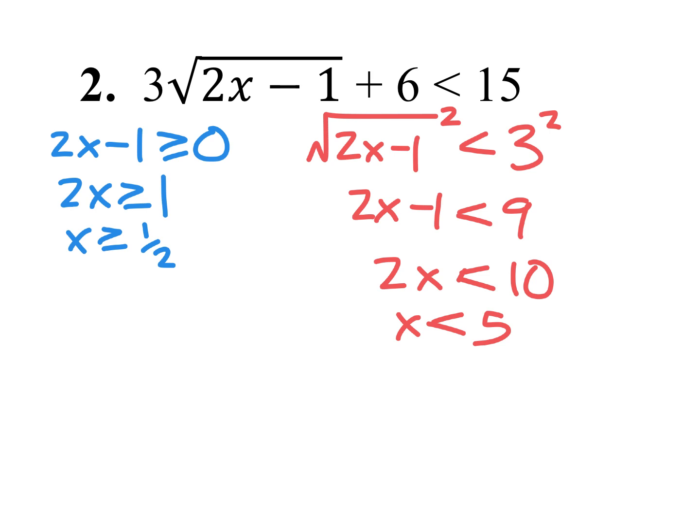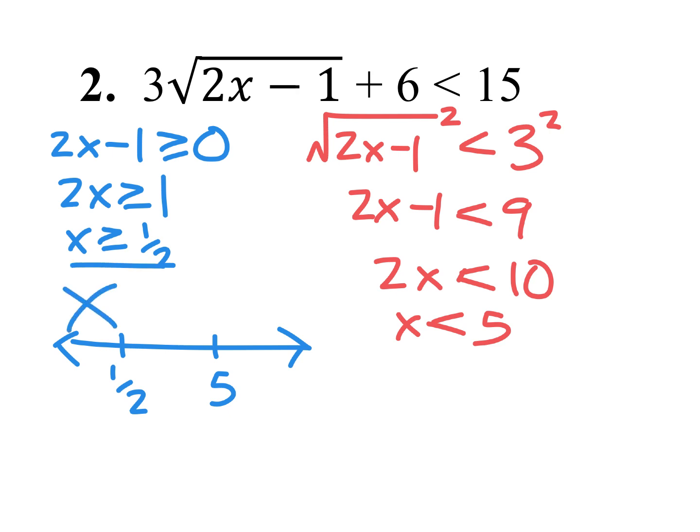Now we make our number line. So 1/2 is the smaller number that goes on the left. 5 goes there. We agree with this, so I'm going to cross out that area. All right, and now let's double check for the red statement. What would a nice number be that's bigger than 1/2?